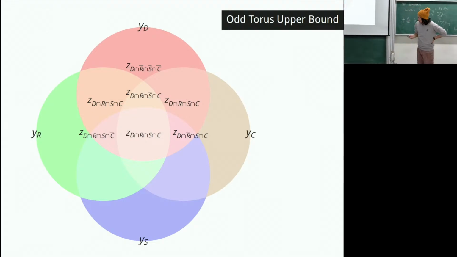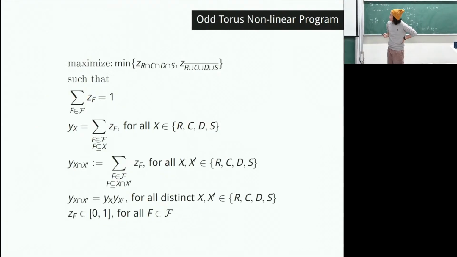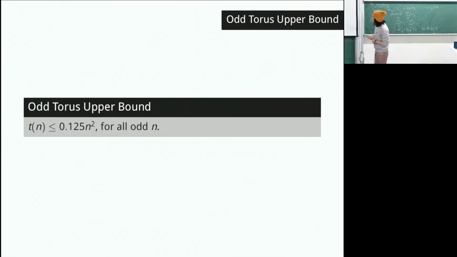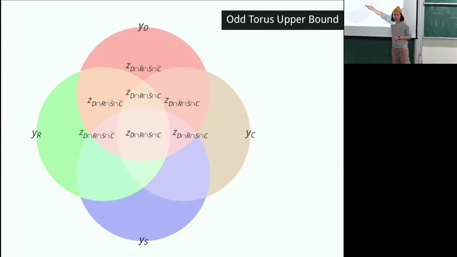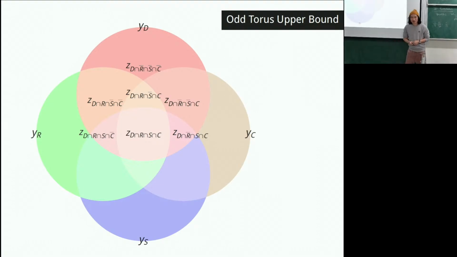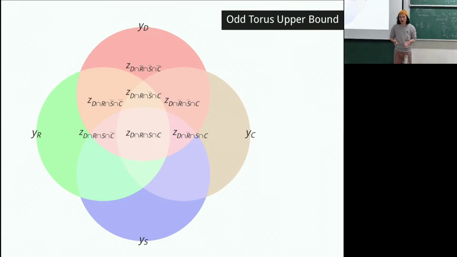Now that we know what these variables mean, we can write out what constraints must be satisfied. First, if we go back to this Venn diagram, we notice that the intersection of all four of these sets is precisely where the white queens are. If you're a white queen, you are in the intersection of all four sets, and that's exactly the condition for being a white queen.